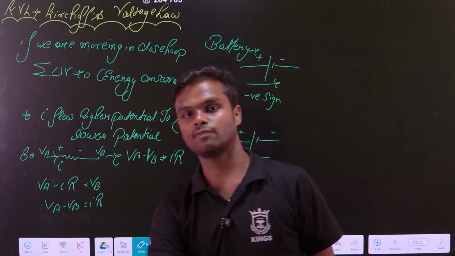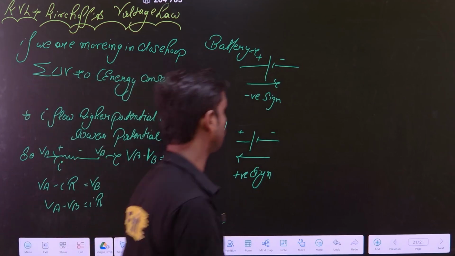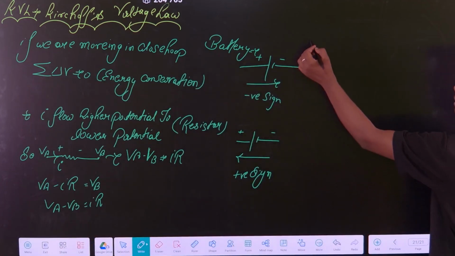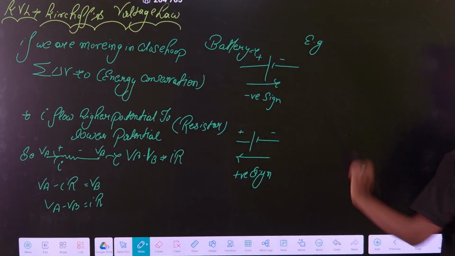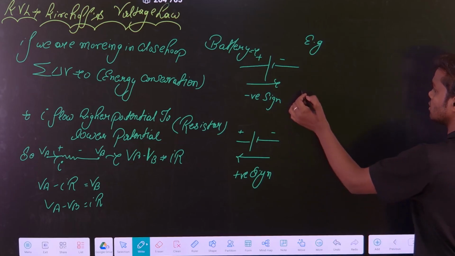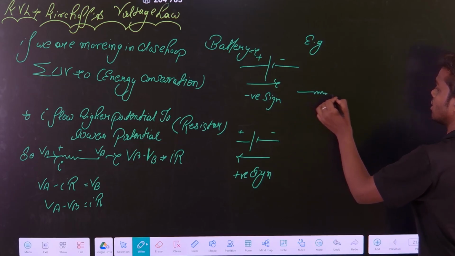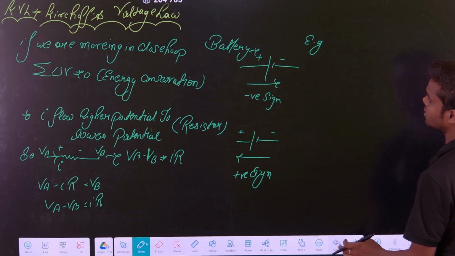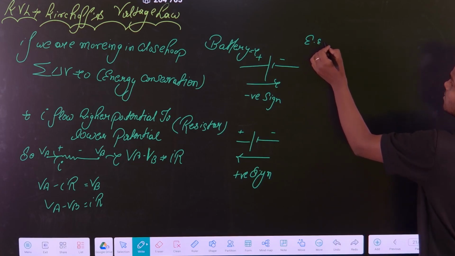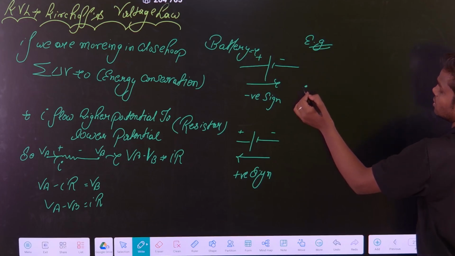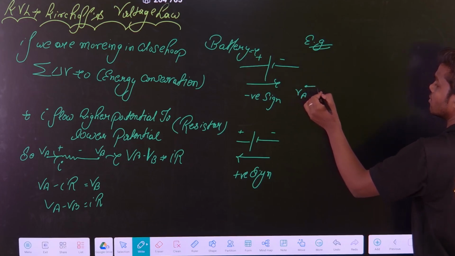You can write the KVL in any circuit. Let me tell you with a very simple example. Suppose this is some part of a circuit. Suppose this point is at potential VA.